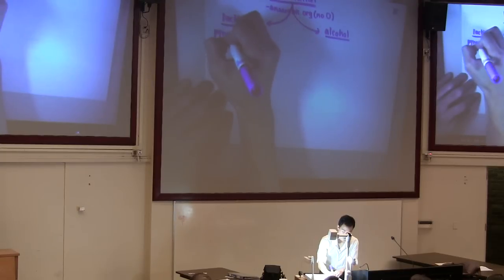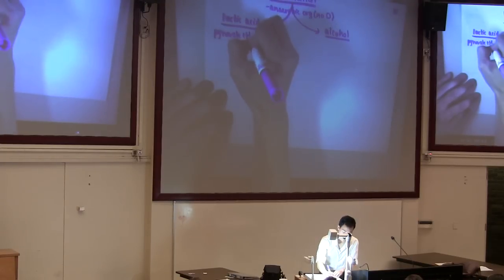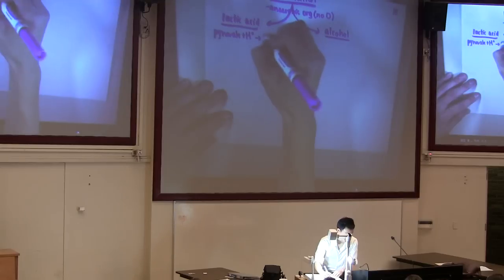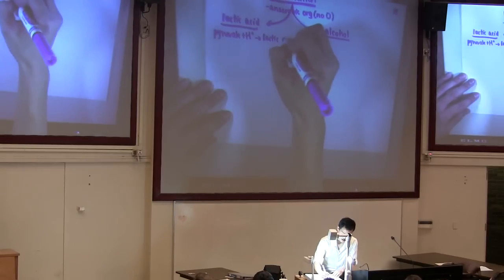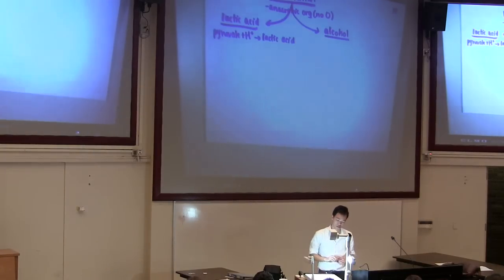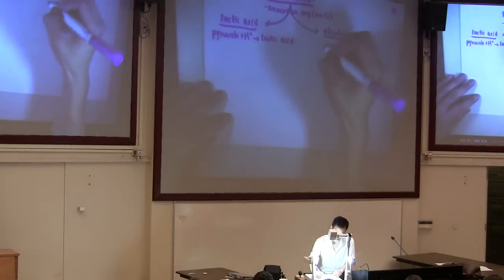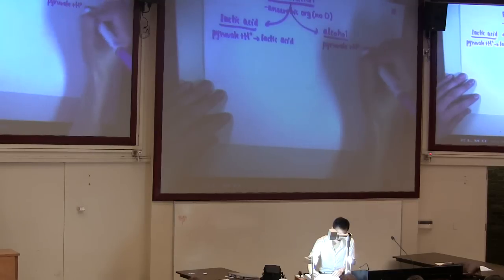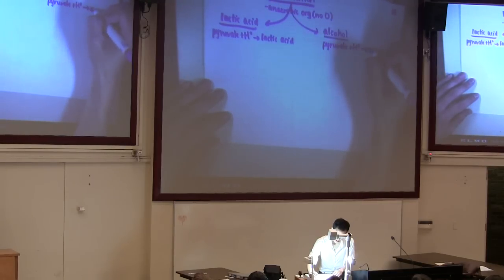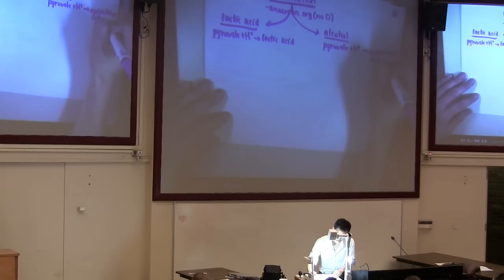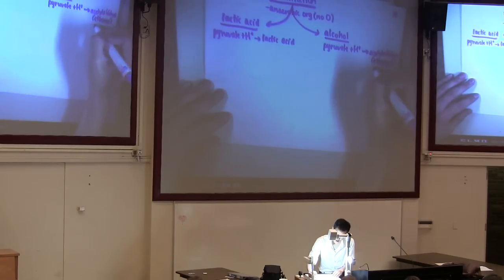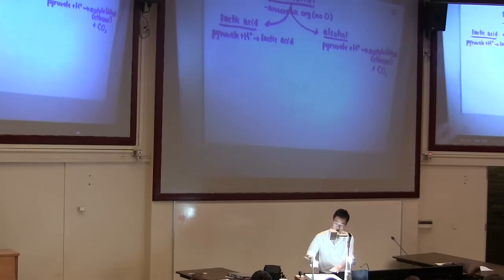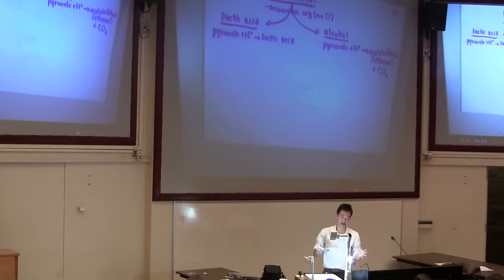Pyruvate plus H ions produces lactic acid. Right? Alcohol fermentation. Pyruvate plus hydrogen ions produce acetaldehyde, which is ethanol, plus CO2. Right? So essentially they're the same thing.